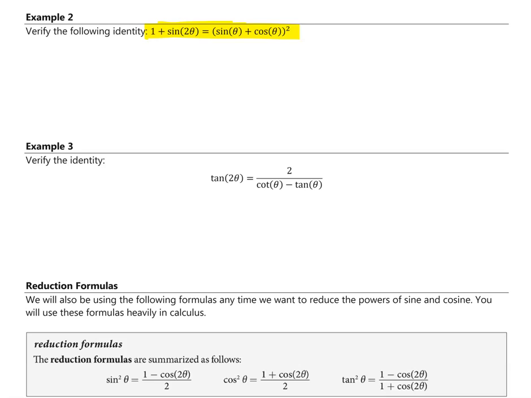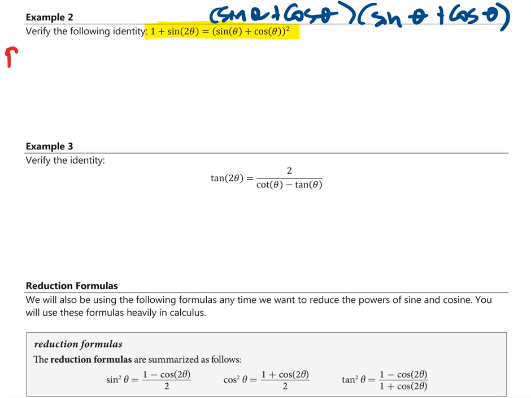So remember that this is the same thing as sine theta plus cosine theta times sine theta plus cosine theta. This time, let's use the right hand side. Let's show that the right hand side is equal to the left hand side, 1 plus sine 2 theta.